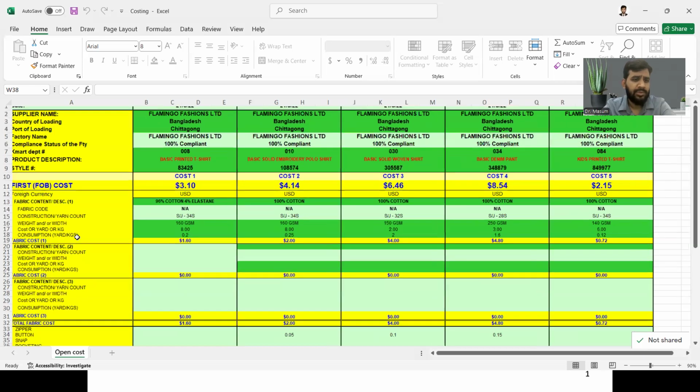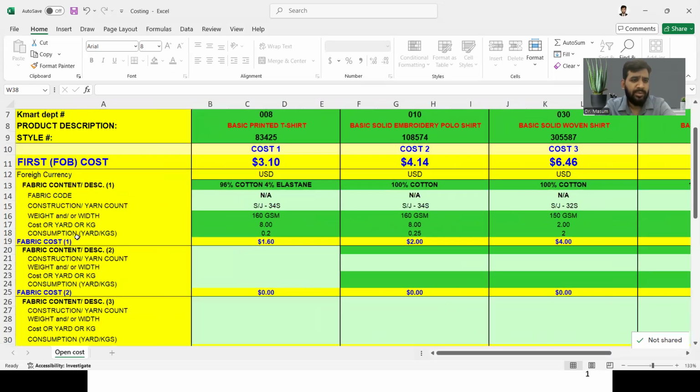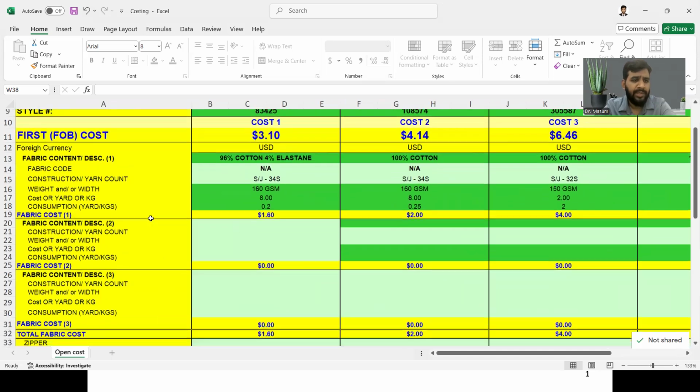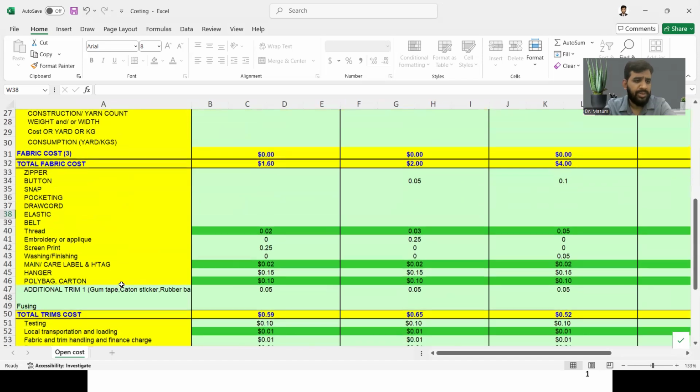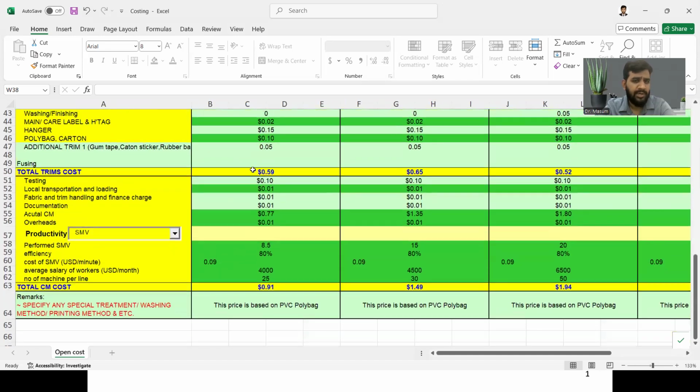So for example, in our apparel sector, fabric cost is one of the main components of costing. And then we also use trims cost, another component of garments manufacturing, and another component of the cost calculation in the conventional system is CM cost.